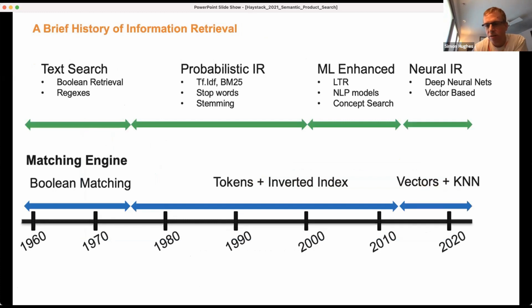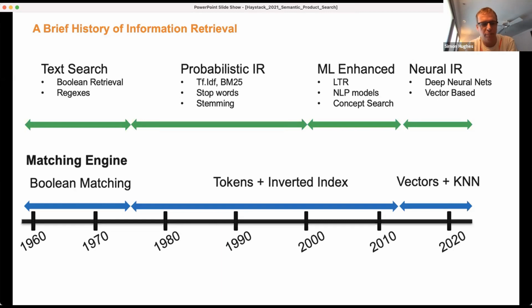A brief history of information retrieval. I'm sure most of you have a pretty good idea of this, so I won't spend long on it. Back in the 60s, we had basic text search, like Boolean retrieval and some regexes, some very basic stuff. And then the vector space model came along, which was inspired by probabilistic IR. A lot of people realized that TF-IDF can be phrased as a relaxation of the probabilistic IR model.